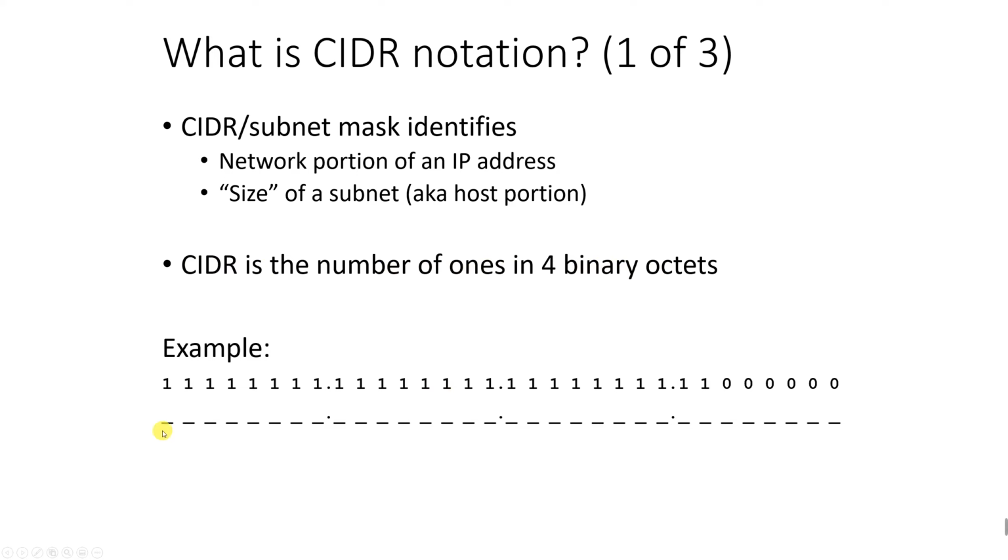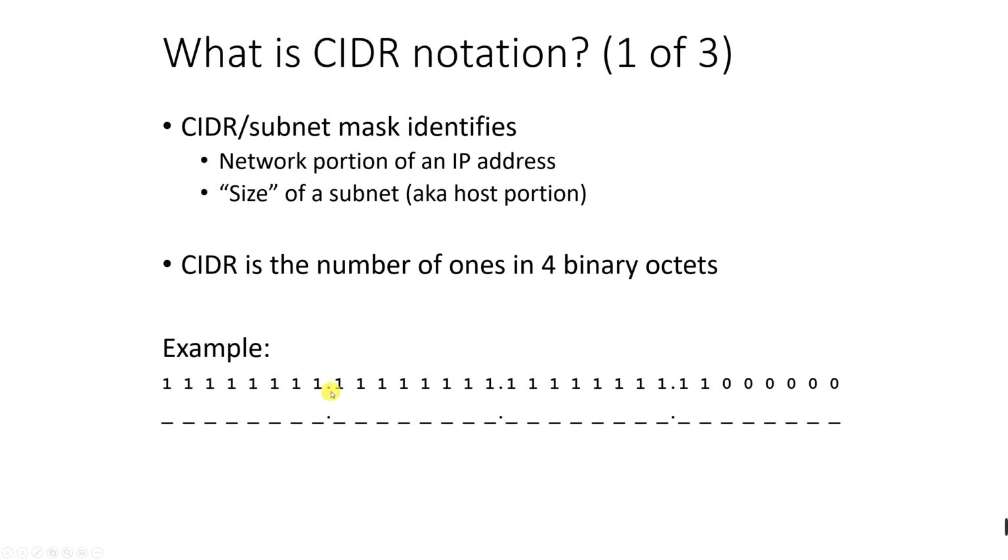So you write out, remember this from your number conversions, 4 binary octets. Just make 8 dashes, then a dot, 8 more dashes, then a dot, 8 more dashes, then a dot, then 8 more dashes. And if you're given a /26 CIDR, you write in 26 ones.